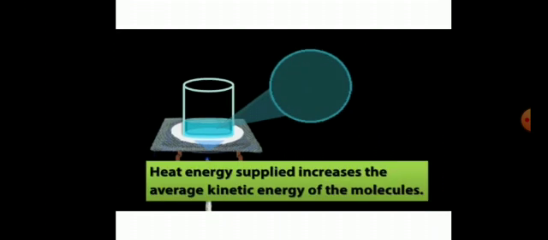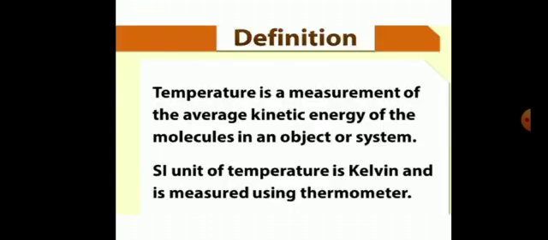When the heat is applied to them, the kinetic energy is increased, and the average kinetic energy is taken into consideration. So temperature is the measurement of average kinetic energy of the molecules in an object or system. SI unit of temperature is Kelvin and it is measured by using thermometer.